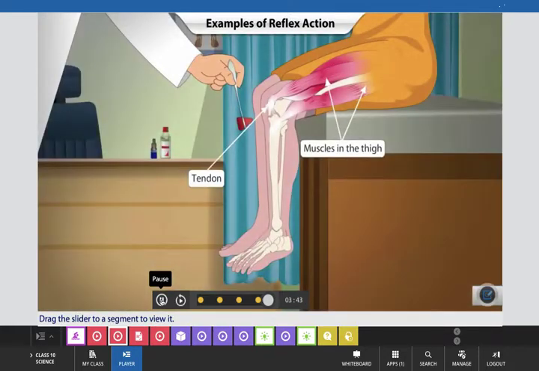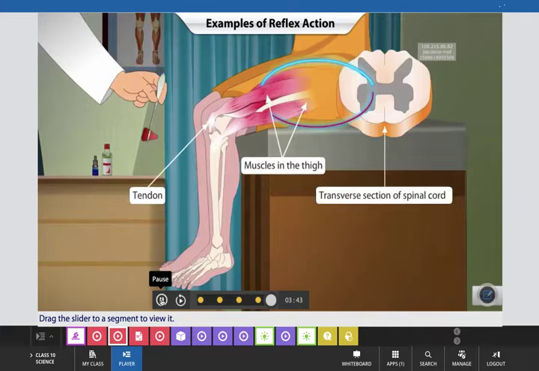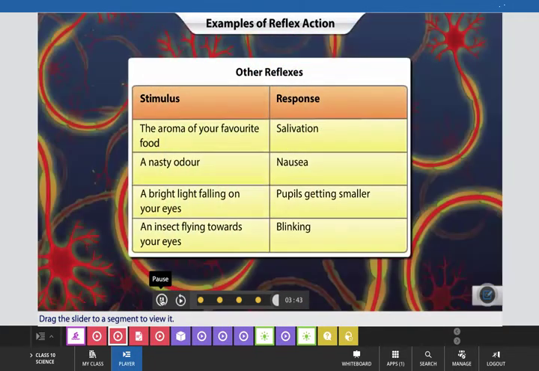In this reflex, the stimulus is provided by the hammer hitting the tendon just below the kneecap. This causes the muscle in the front of the thigh to contract and the muscle at the back of the thigh to relax, which causes the foot to jerk upwards.